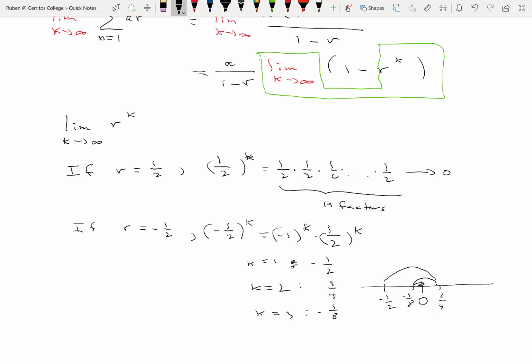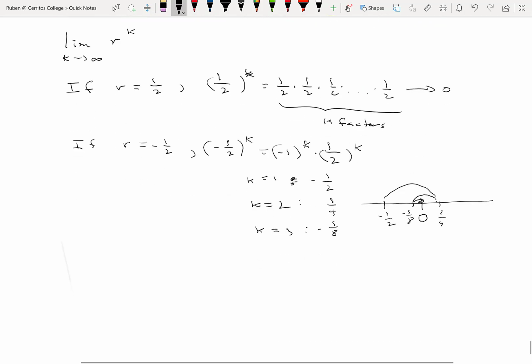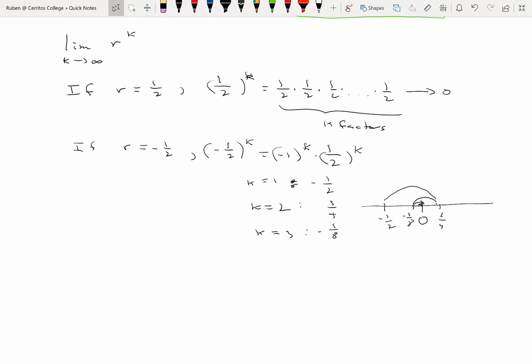The upshot is that if r is a negative proper fraction, then r to the k will approach 0. Just to cut to the chase, the limit of r to the k as k approaches infinity is 0 if r is some proper fraction between -1 and 1.